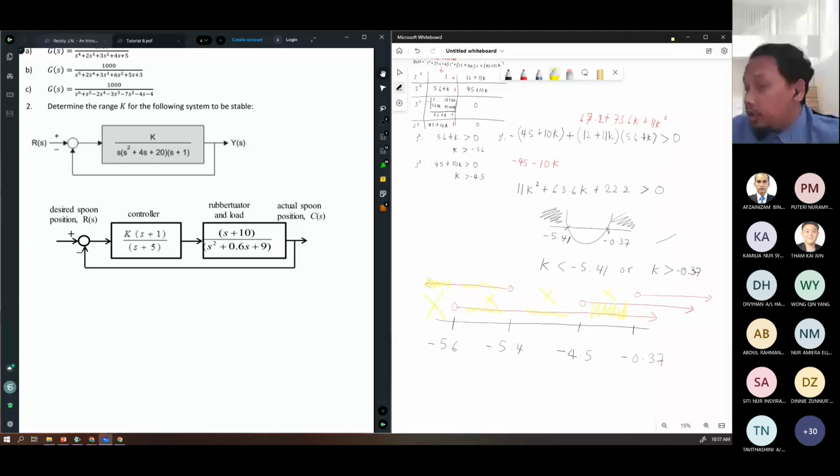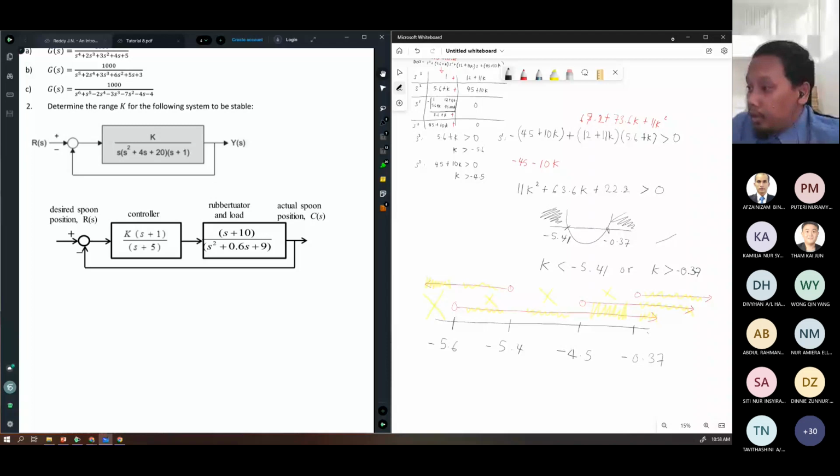And if you take from negative 0.37 onwards, bigger than negative 0.37, then you have this line here, and also the third line. So tiga-tiga garisan intersected here. Then we know that this is the range that we want.